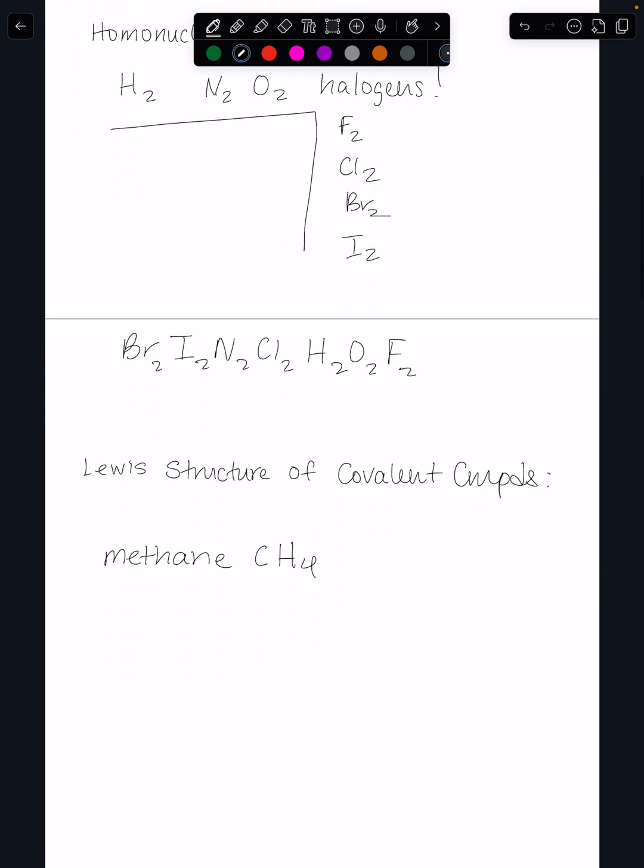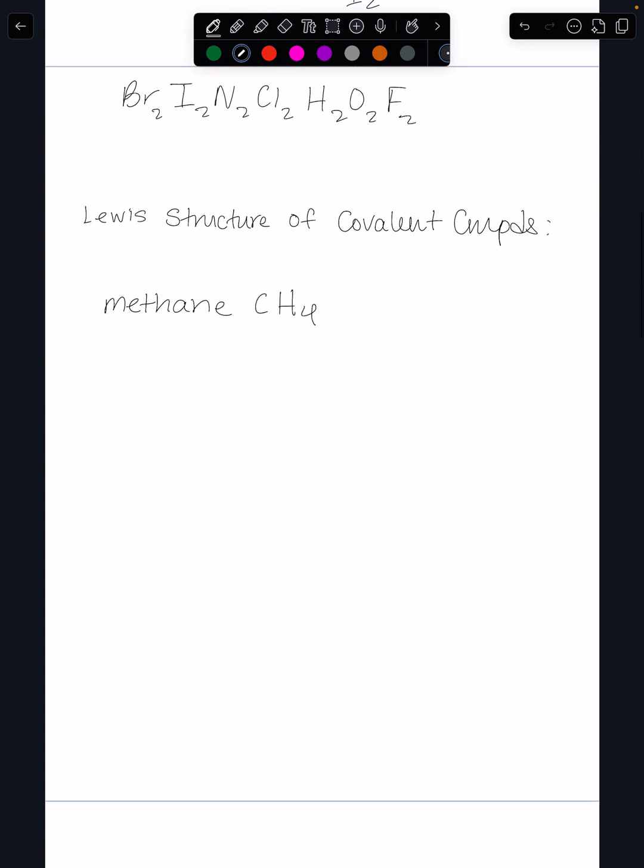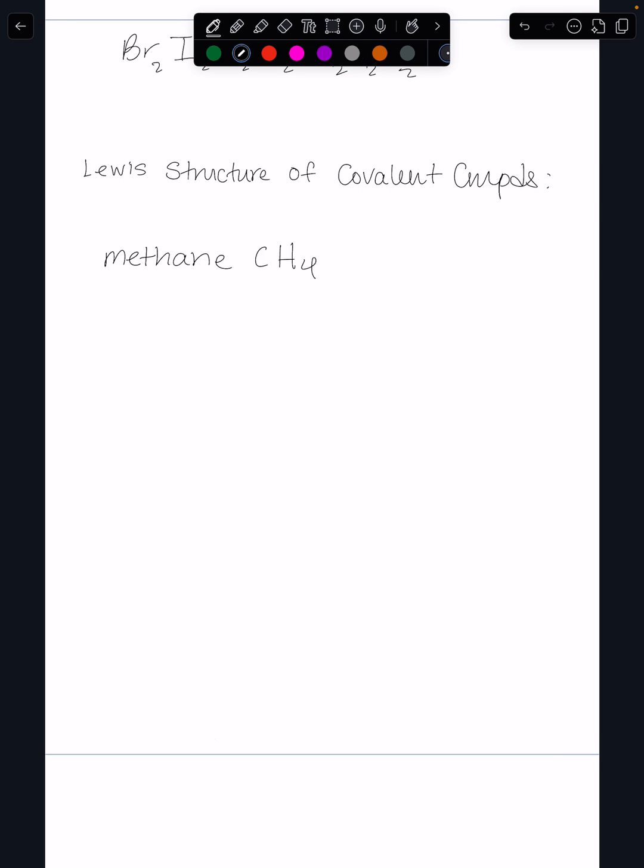So let's start to look at Lewis structures of covalent compounds. Let's look at methane, CH4. When you draw a Lewis structure, what you want to do is start with the element or atom that has the most unbound electrons, the most free spaces for electrons to take up. So if you look at carbon, carbon has 4 electrons, and in order to satisfy the octet rule, it would need 4 more.